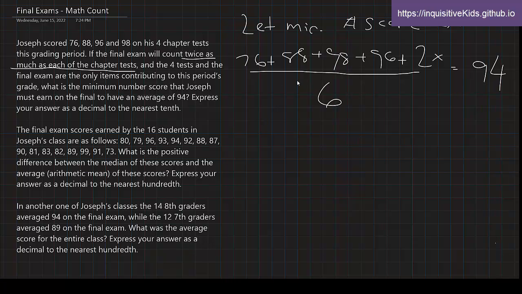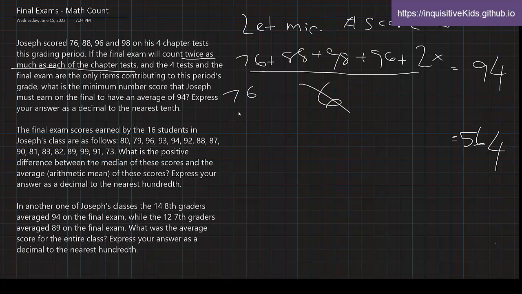So to simplify this, we can multiply by 6 on either side of the equation. 6 times 94 is equal to 564. On the left side, this 6 will be canceled out, and right now we could just add these 4 numbers.